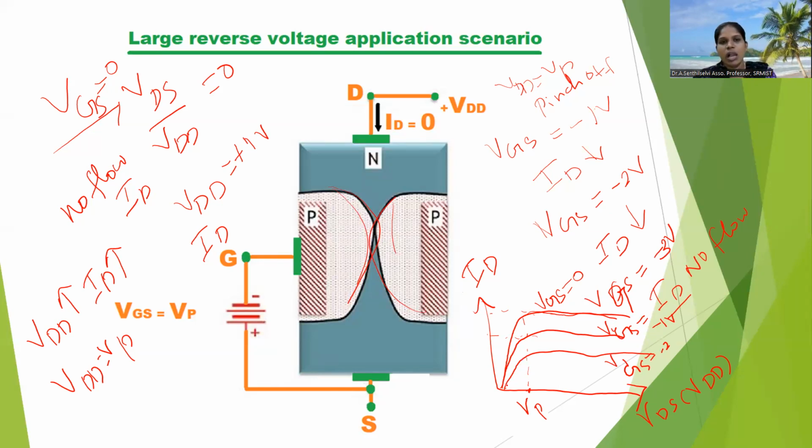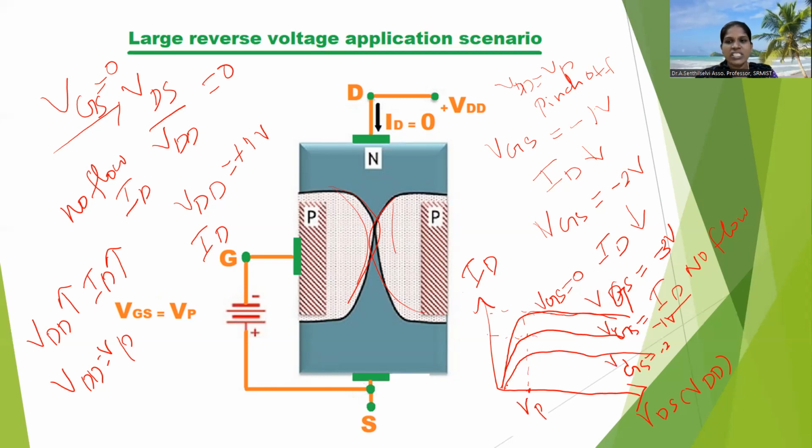I recall, the FET is called a field effect transistor. It is a unipolar junction transistor. It is called a voltage control device because the input voltage controls the output current. It has two types, N channel FET and P channel FET. We saw the working: initially VGS and VDS are equal to 0 and there is no current flow.